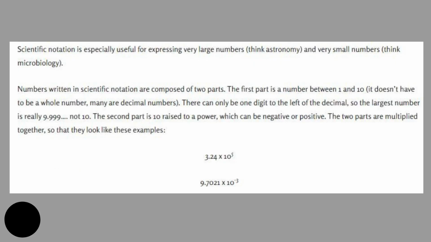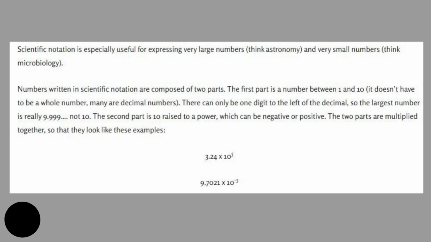Scientific notation is especially useful for expressing very large numbers, and also very small numbers, for example in microbiology. Numbers written in scientific notation are composed of two parts. The first part is a number between 1 and 10. It doesn't have to be a whole number; many are decimal numbers.